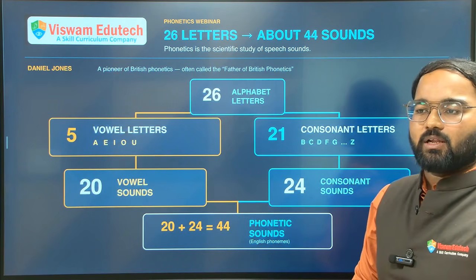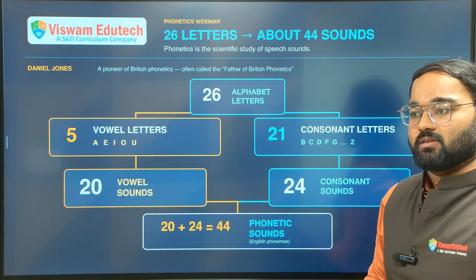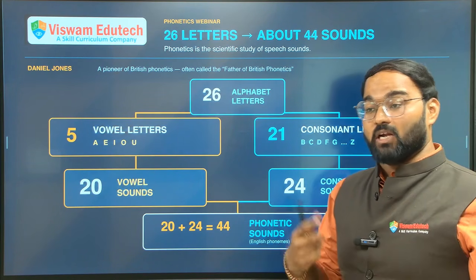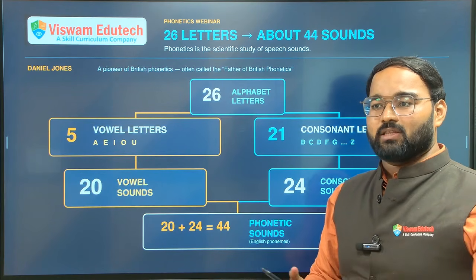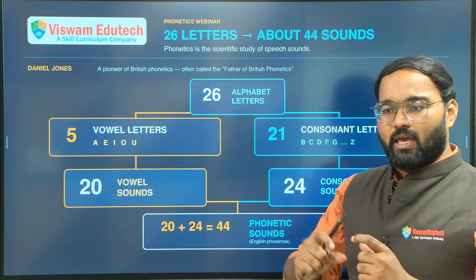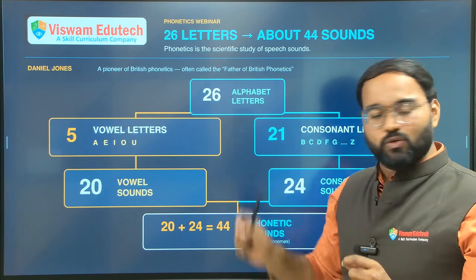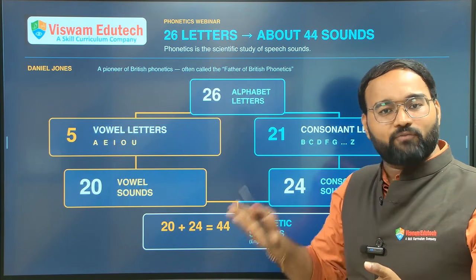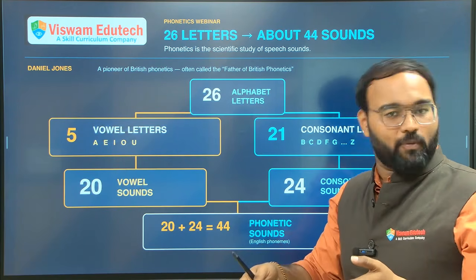Most of the people pronounce this as alphabets. If anyone asks how many alphabets we have, they answer 26, because they think A is an alphabet, B is an alphabet, C is an alphabet. They think the plural form of alphabet is alphabets.